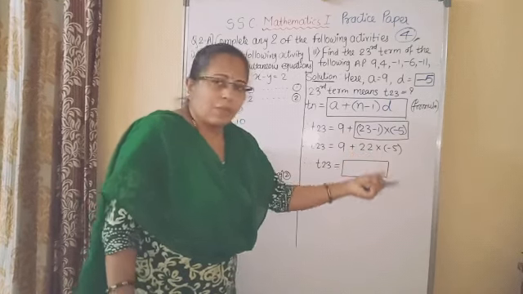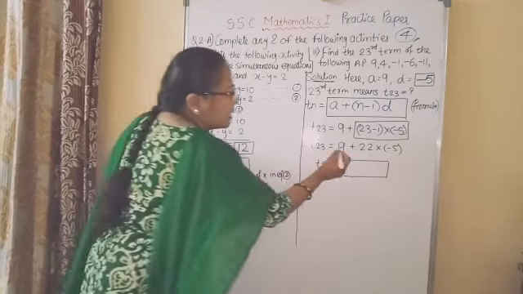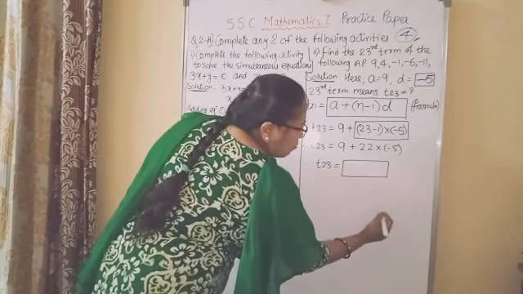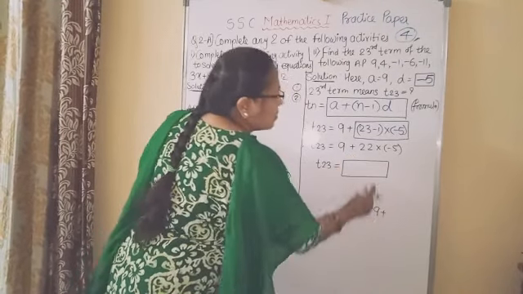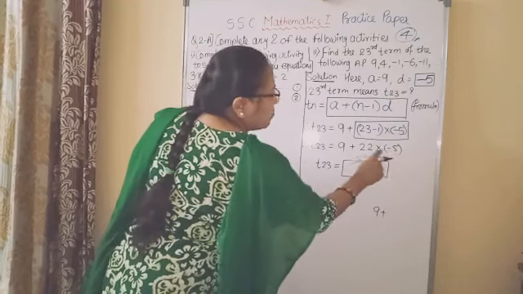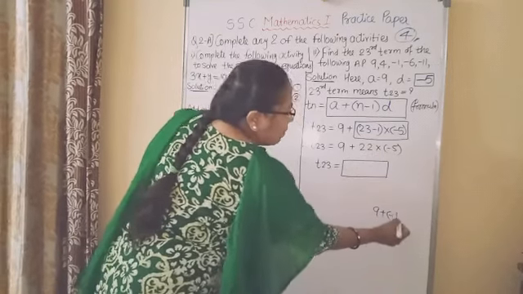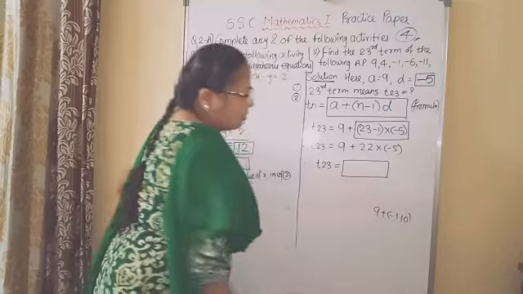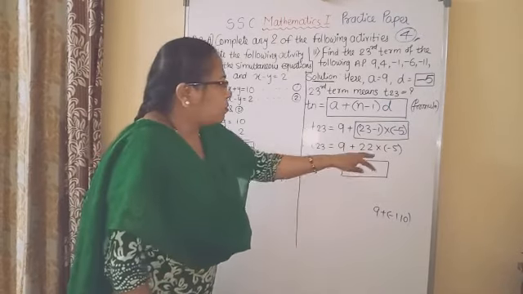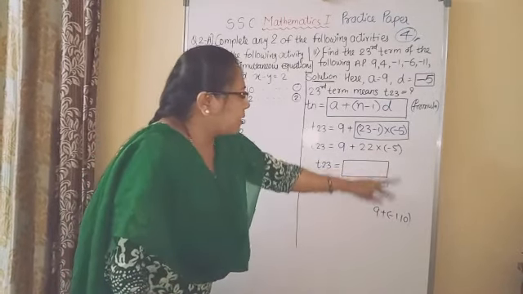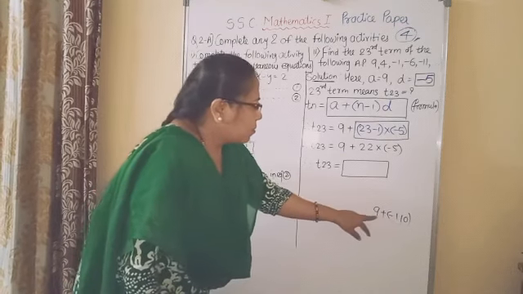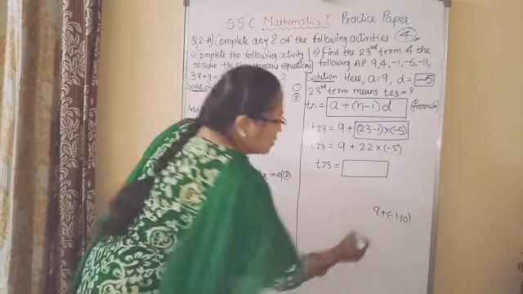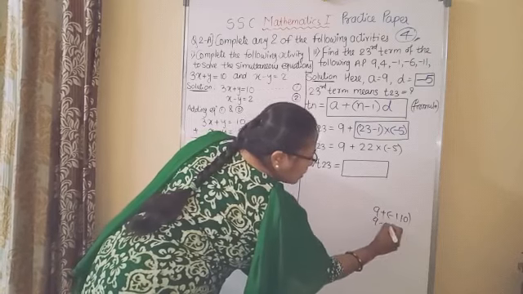So, middle step you can do as roughly. This rough work you have to do. 9 plus 22 into minus 5. Minus 110. 22 into 5, 110. In here minus 5, so minus 110. So, plus minus minus. 9 minus 110.